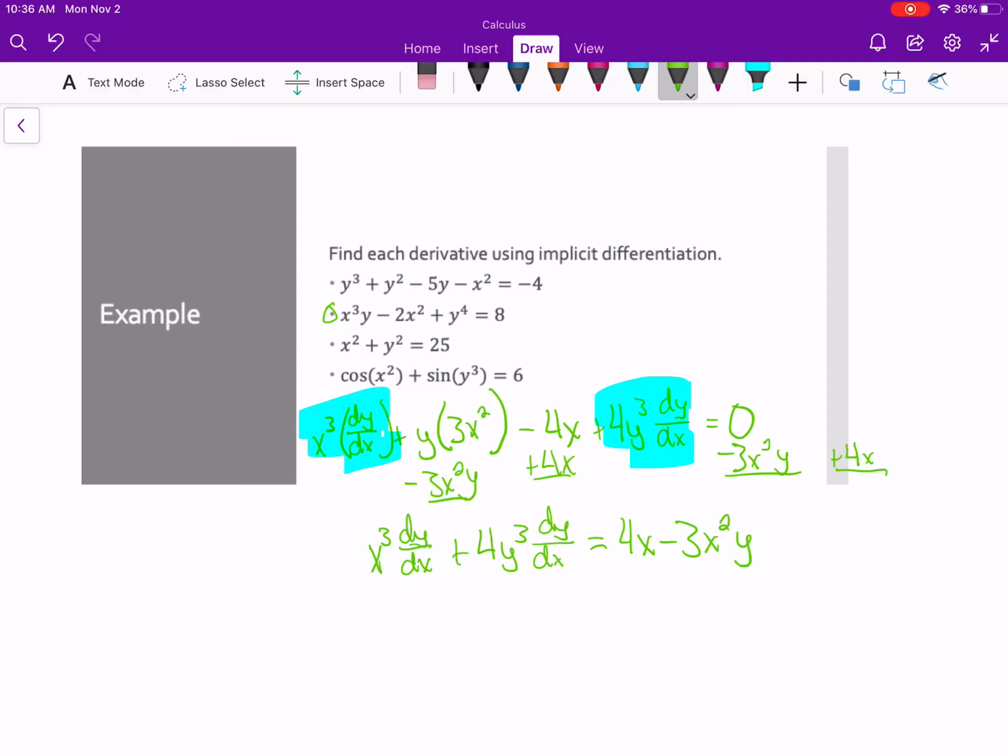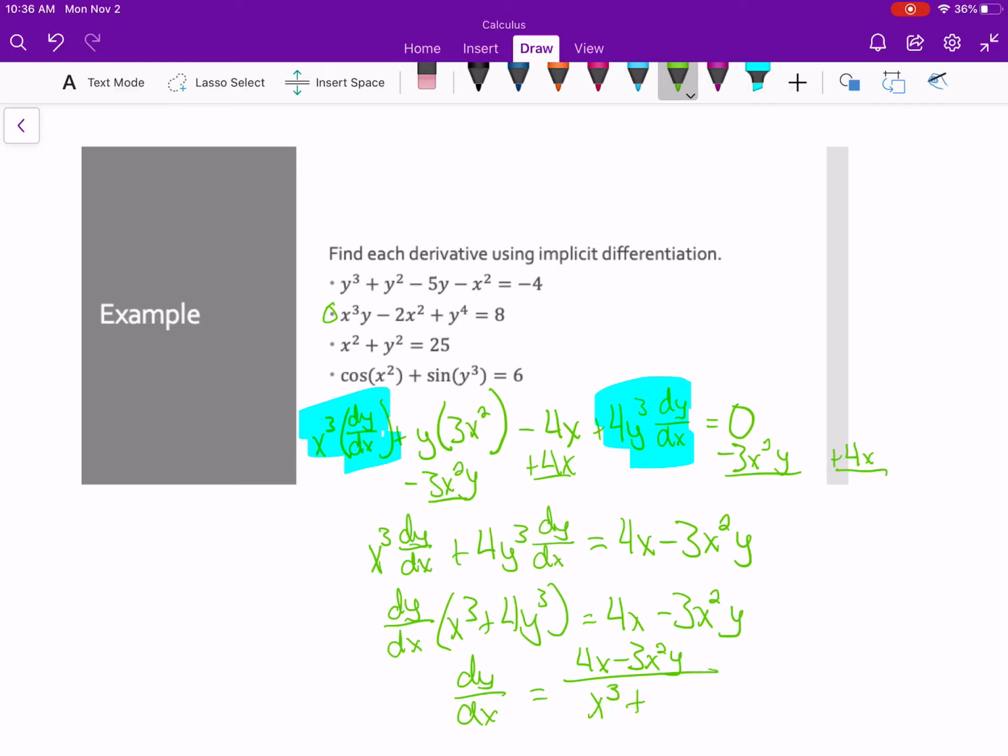All my dy dx's are by themselves, so I'm going to factor out a dy dx. So dy dx times x cubed plus 4y cubed equals 4x minus 3x squared y. And then divide, so dy dx equals 4x minus 3x squared y all over x cubed plus 4y cubed.